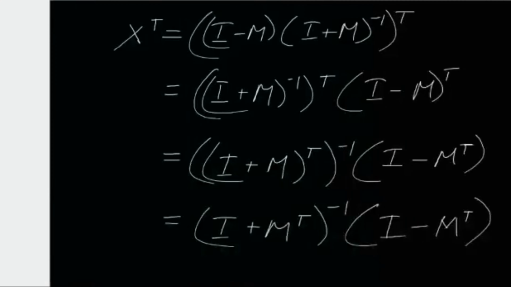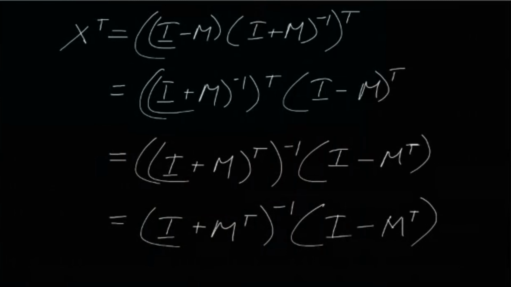Now for the second option, let's find the transpose of X. X transpose is I minus M into I plus M inverse, whole transpose. The transpose distributes, but it reverses the order of the terms in the product. So this is I plus M whole inverse whole transpose into I minus M whole transpose.